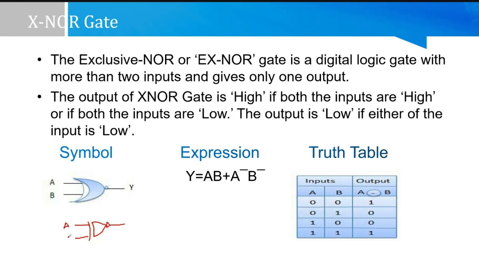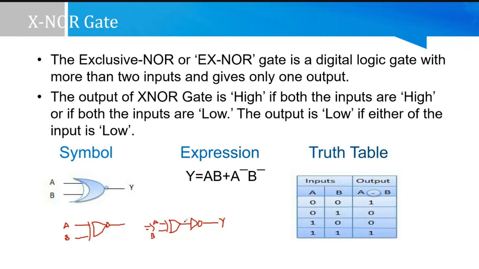This will be the XOR symbol, nothing but this is an XOR operation, right? And this will be the inverted of this one. This is A and this is B and this will be Y.